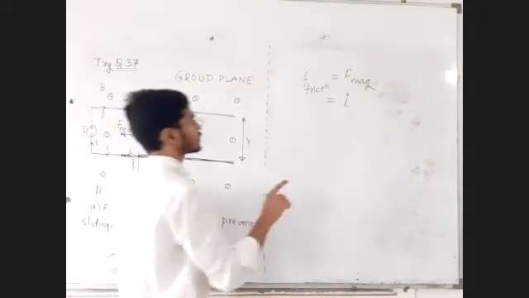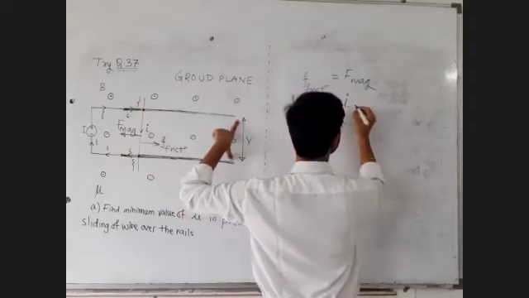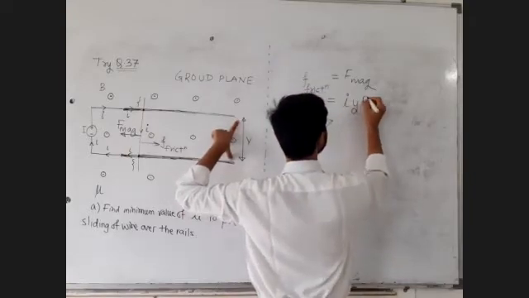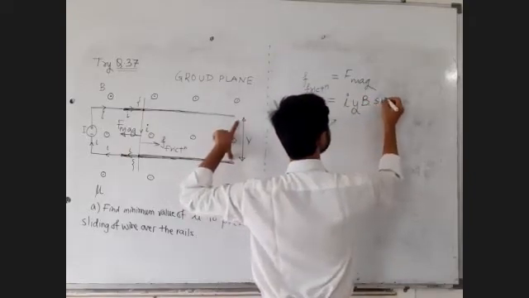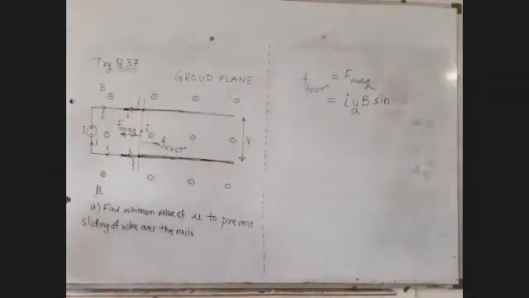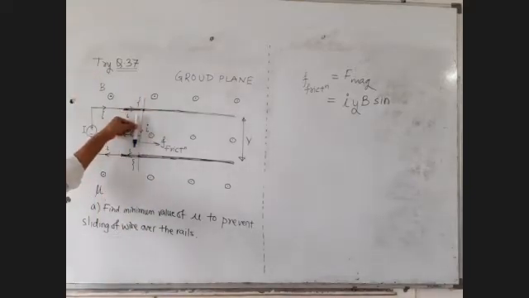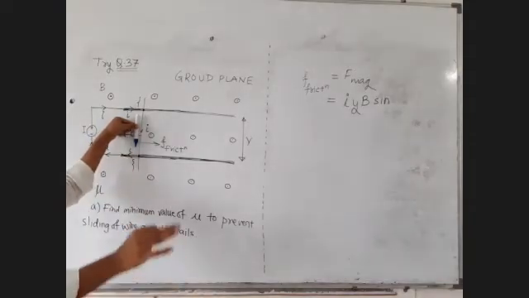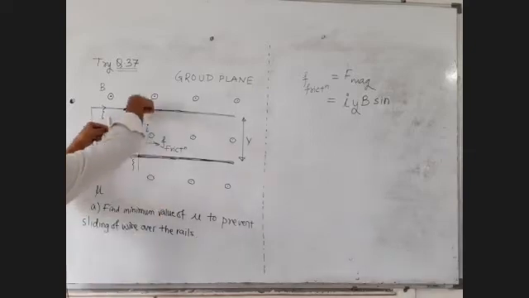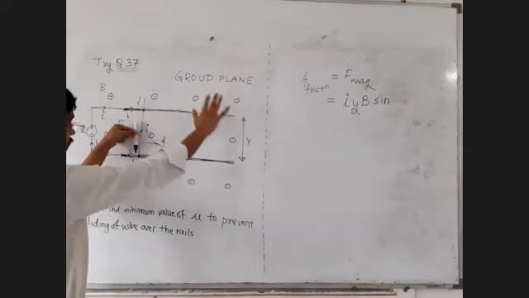So ILB sin theta: I is I, L is Y, B is B. Theta is the angle between L bar and B bar. The L bar vector is always in the direction of current. So current downwards, L bar downwards. But this is the ground plane.